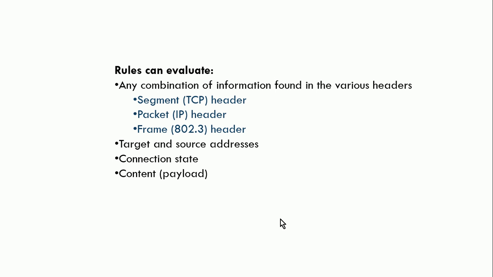Again, we're looking at the actual payload for that. So there are different layers of protections that we can put in place. Most of our network security devices live in that segment, packet, and frame layer. And then we also have the content layer, which is usually things like proxy servers, a whole other category of devices, which your book does talk about.